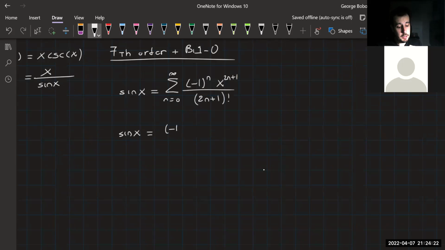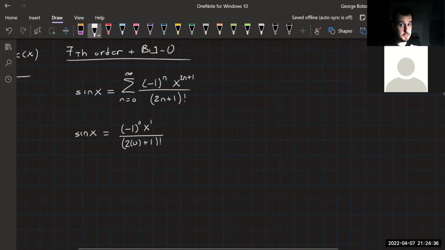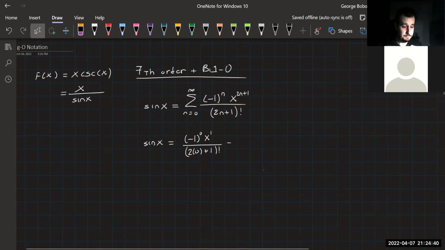So -1 to the 0, and we have x to the first power over 2 times 0 plus 1 factorial. That is the first term. And you do that for the 7 terms that they want you to. However, because this is annoying, I'm going to say 4th order. I don't want us to do the 7th order.